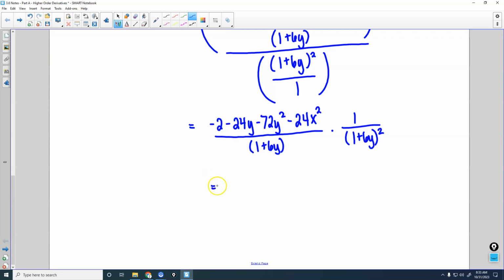So if we multiply those together, we will get negative 2 minus 24y minus 72y squared minus 24x squared all over 1 plus 6y to the third.